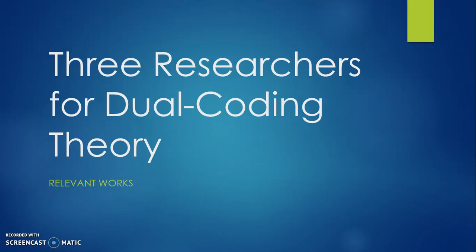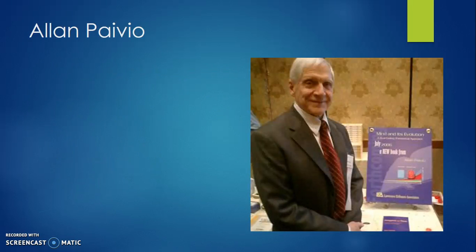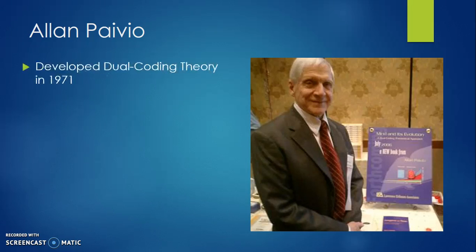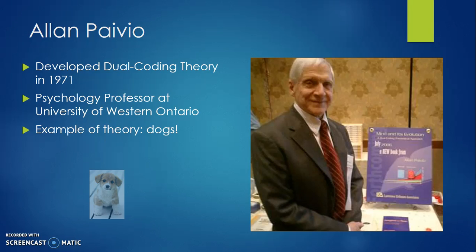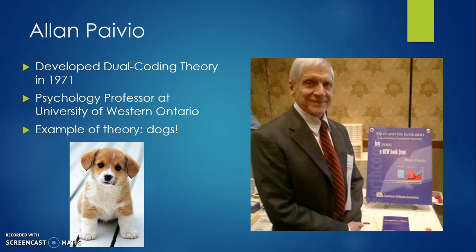So quickly, I want to go through some researchers for dual coding theory and their relevant works. Obviously, Allan Paivio, who developed dual coding theory in 1971, was a psychology professor at the University of Western Ontario, and he gives a classic example of this theory, and he uses dogs to do it.